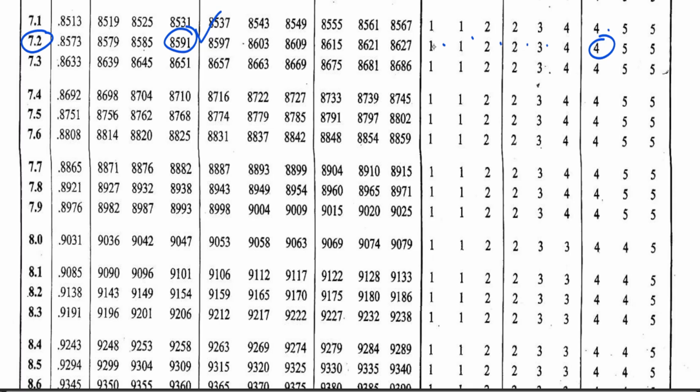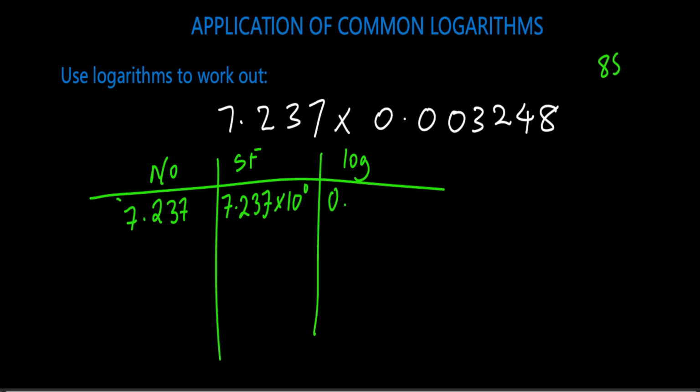Take 8591, add 4, and it's going to give you 8595. Excuse me, this is 9. So your answer is going to be 0.8595. Remember, this is not a reciprocal where you subtract, so you're supposed to add here. So 0.8595. That is that.